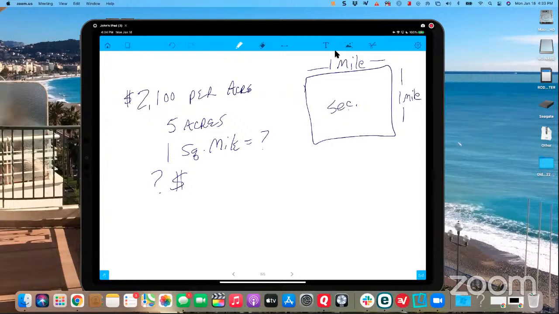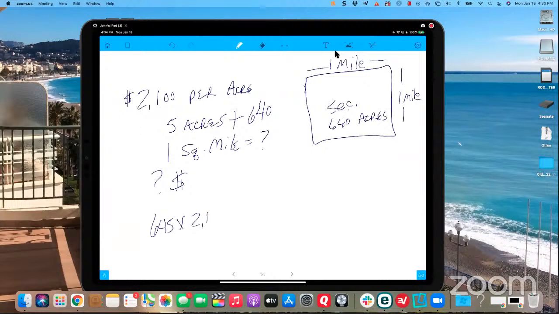And a section also contains 640 acres. So if the buyer purchased 5 acres and 1 square mile, then they actually purchased 5 acres and 640 acres. So in essence, they bought 645 acres.